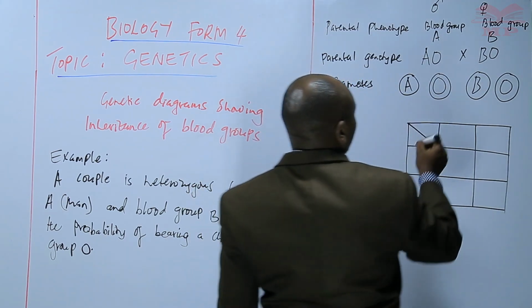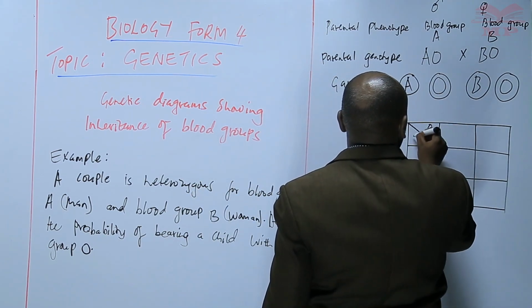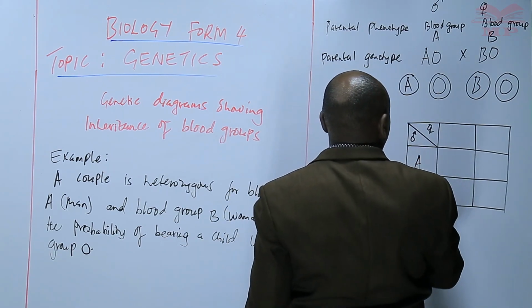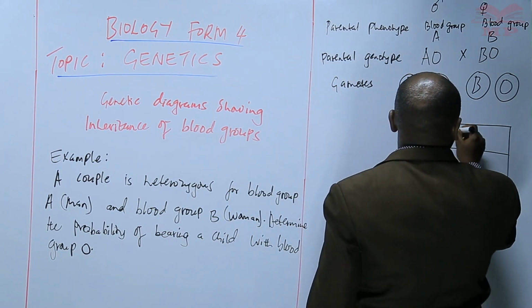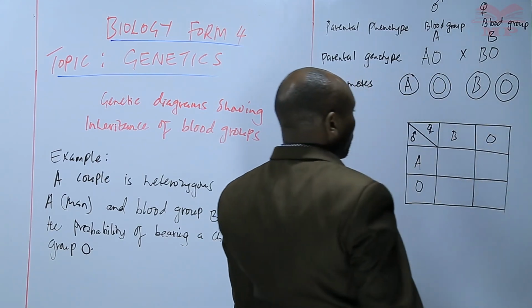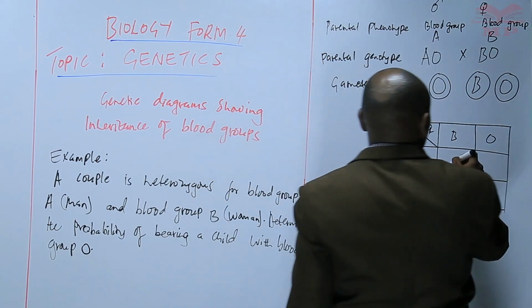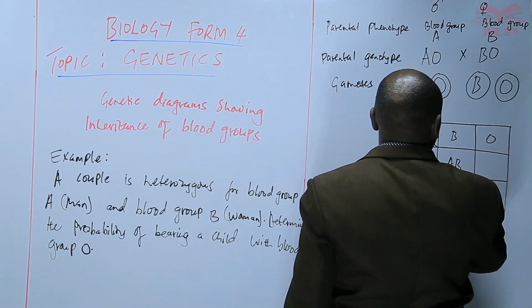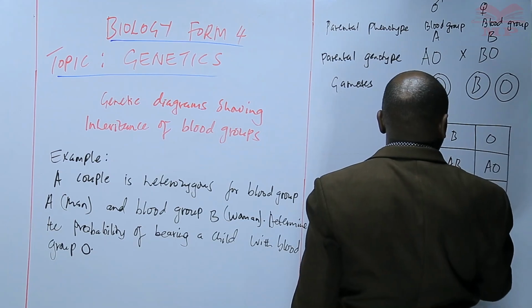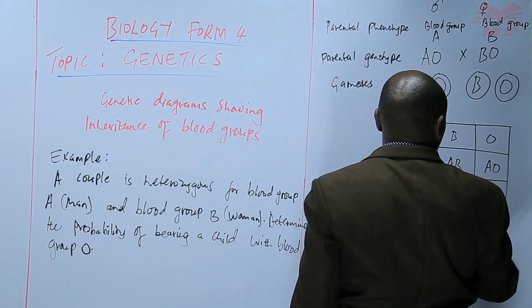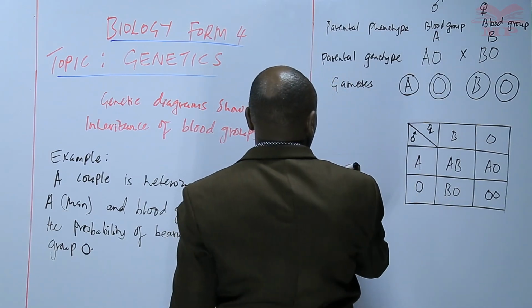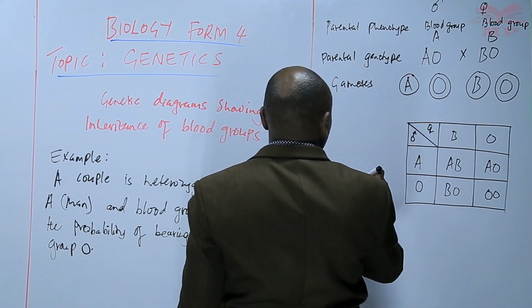So this is the woman and this is the man. The man is AO, the woman is BO. After crossing, we'll get AB, we'll get AO, we'll get BO, and we'll get OO. So this is the F1 genotype.